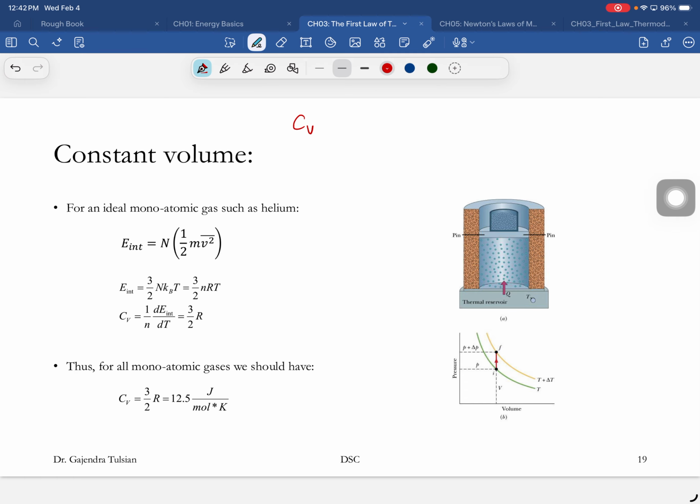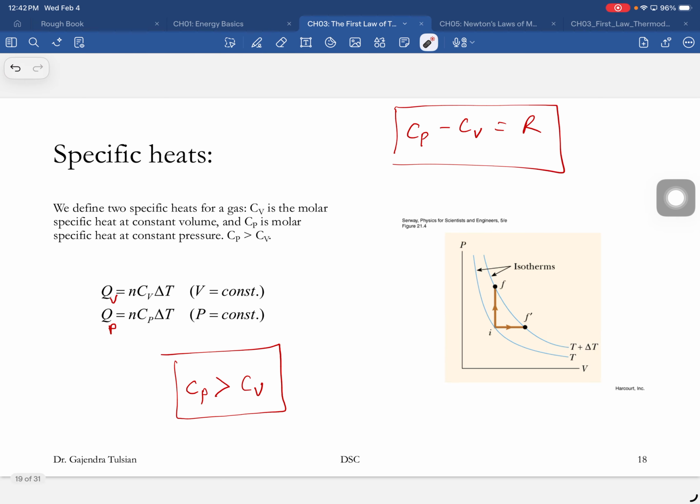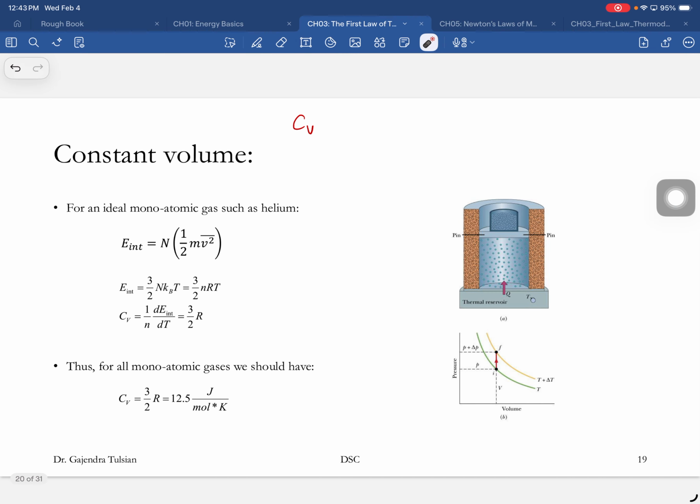Okay, so CV is, by the way, for gases, we define the molar specific heat. For gases, it's easier to measure how much gas you have in moles rather than mass. So that's why we define molar specific heats. Okay. All right. So let's do CV for a gas.